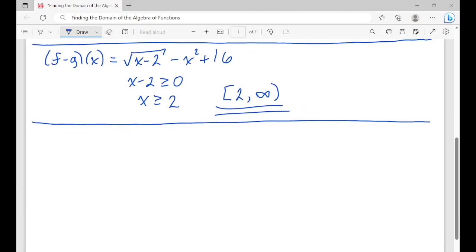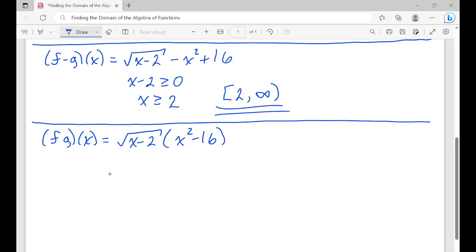Next, we're going to do the product. So f times g of x, and that's just going to be square root of x minus 2 times x squared minus 16. Don't really need to distribute this because we just want the domain. So just like with the first two, the only restrictions we have to deal with are the square root because there's no fraction.